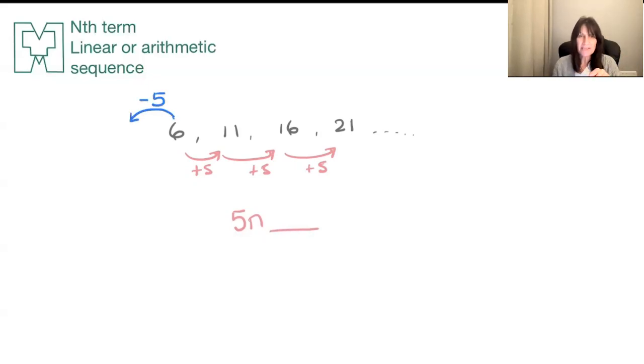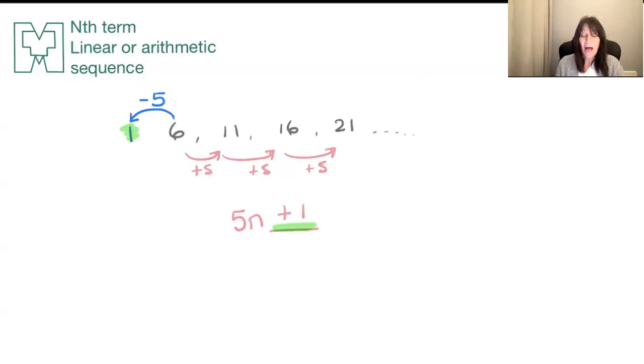The number before the 6, take 5, is 1, positive 1. And it's that number that goes here and completes my nth term. So plus 1. And that's it.